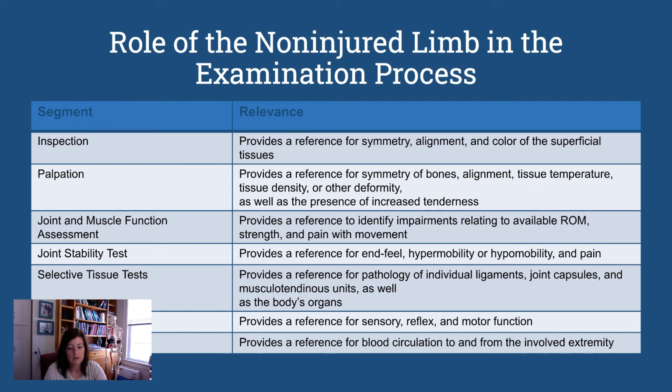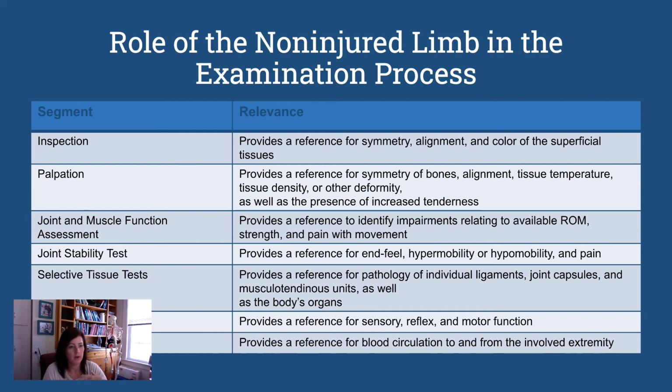Okay. This just talks about some of the specific components of the physical examination. And the key point here is basically how the non-injured limb is providing a reference point for the injured limb.